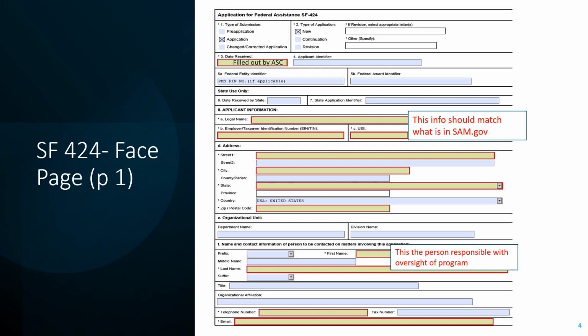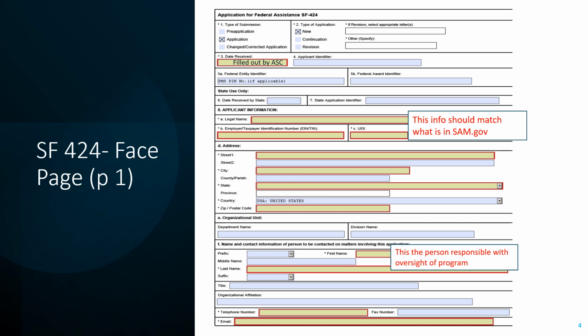For 8A, you will put the legal name of your organization. It must match your SAM.gov registration and include your EIN number and your UEI, or unique entity identifier, where you see it is asked for. If you do not have a UEI that is active, you cannot apply for a grant.